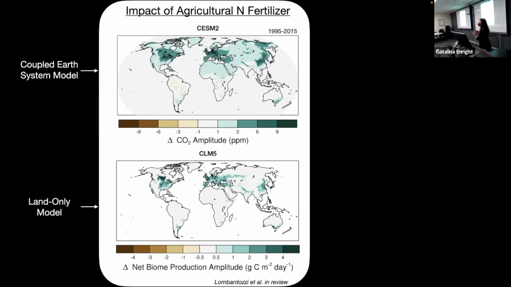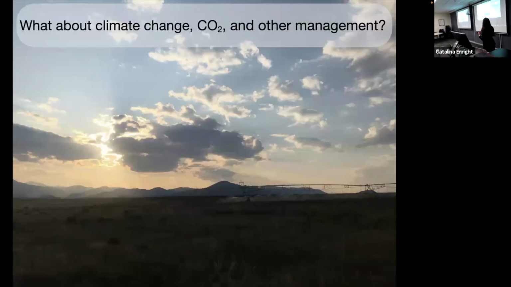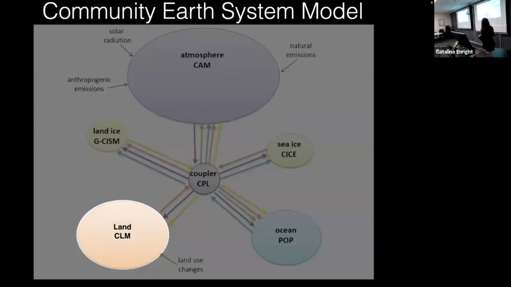That's just because we don't have atmospheric transport in the land model when you're looking at land only simulations. But it's the NBP that is causing these changes in CO2 amplitude in this top simulation. I want to point this out because I'm going to use land only simulations next to think about how climate change, carbon dioxide, and other management practices might also change the amplitude of carbon dioxide.